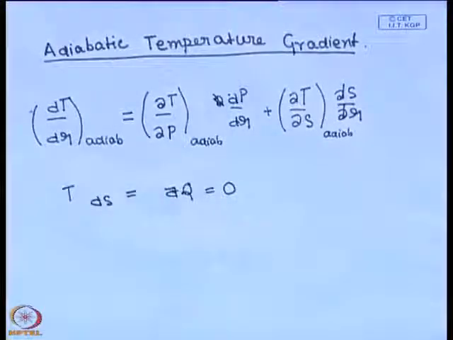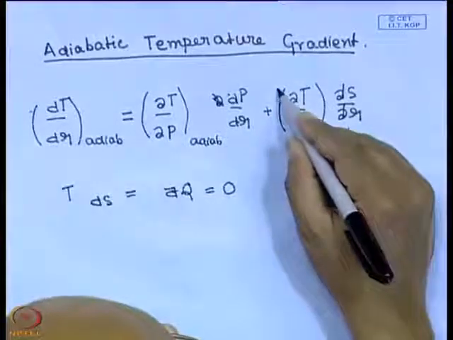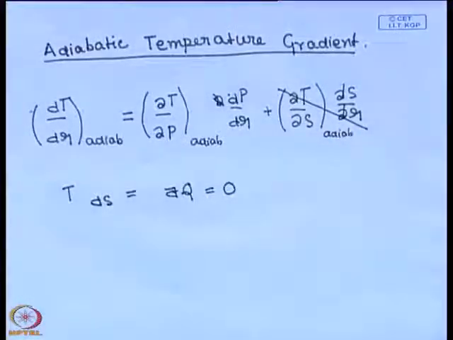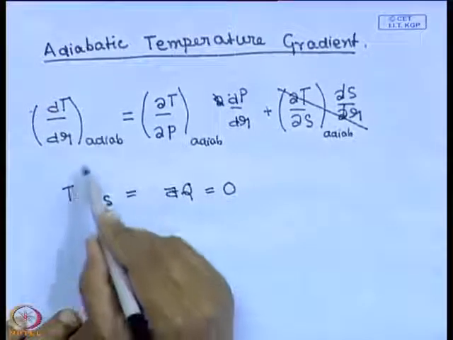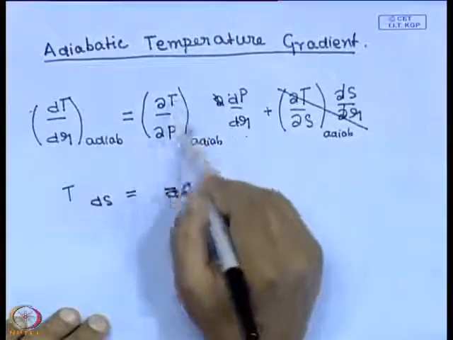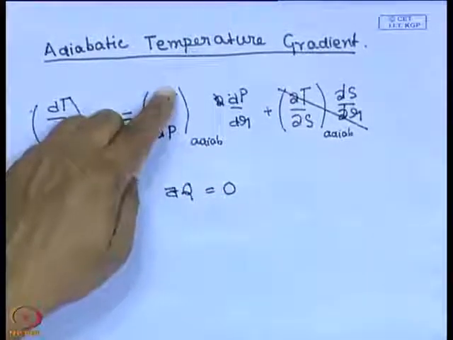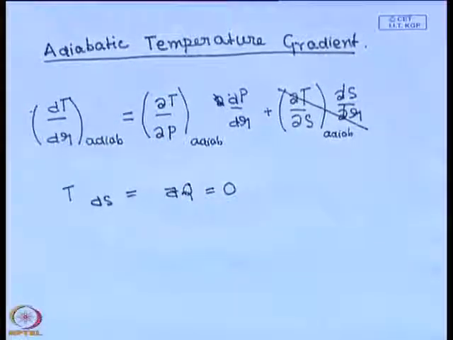So in an adiabatic process this term does not contribute, and we have that the temperature gradient is equal to the derivative of the temperature with respect to the pressure into dP/dr, the pressure gradient.